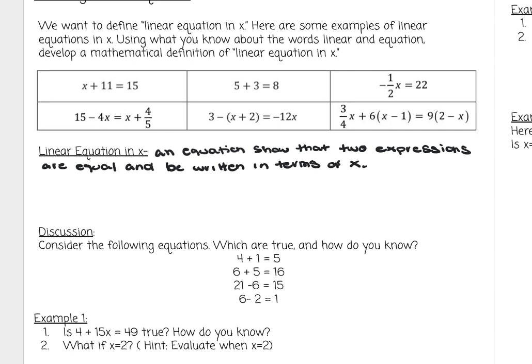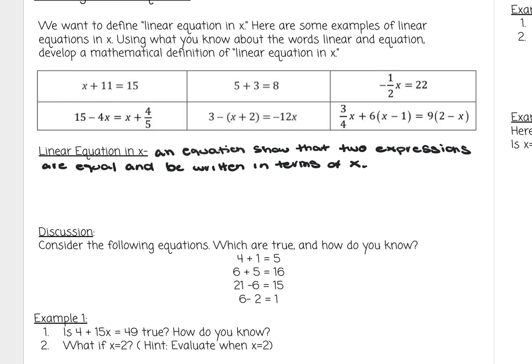And what we mean by in terms of x is, remember what we talked about before, x represents that unknown. As you get further with the equation, sometimes they use x, sometimes they use other variables, but for the most part, they will be using x as your variable. So a linear equation is showing that two expressions are equal, but we're doing it in terms of x.